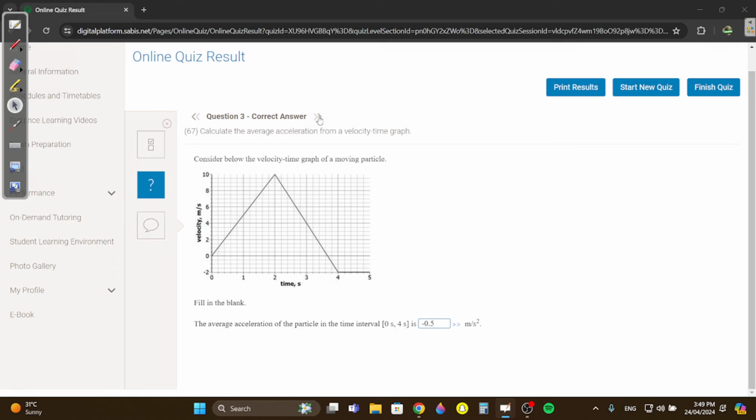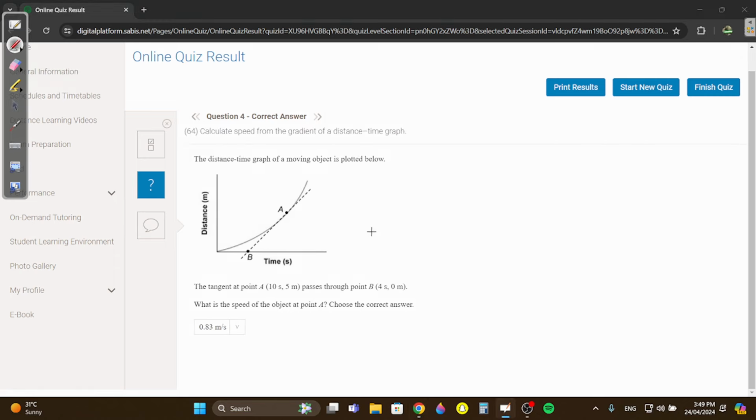Question 4. Same thing, but this time velocity or speed. They give you 2 points, 10 seconds 5 meters, and 4 seconds 0 meters. What's the speed? Or you could say velocity. Velocity equals x final minus x initial over time final minus time initial. These are term 1 formulas.